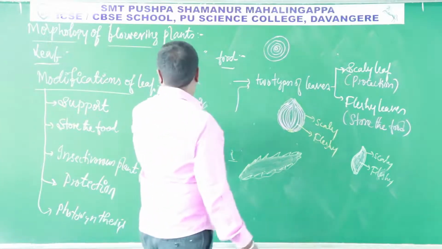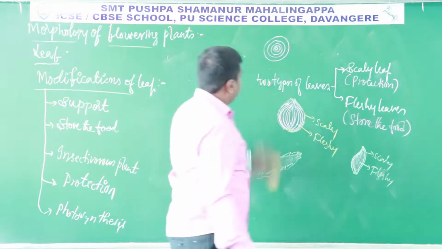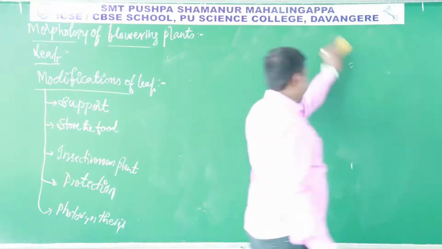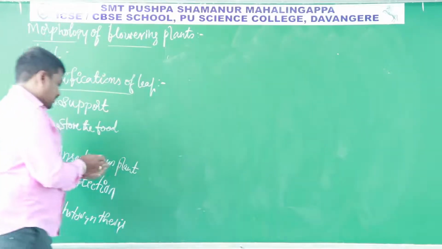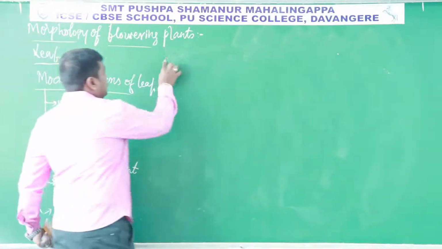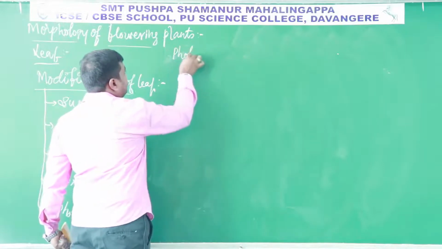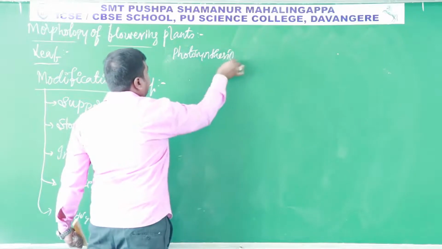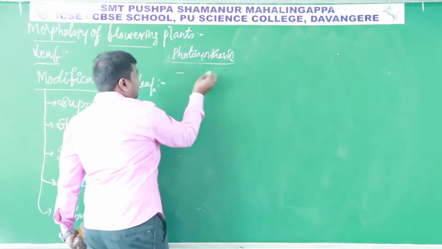Okay, next come to photosynthesis. So here petiole is modified for photosynthesis. It is not actual leaf modification.